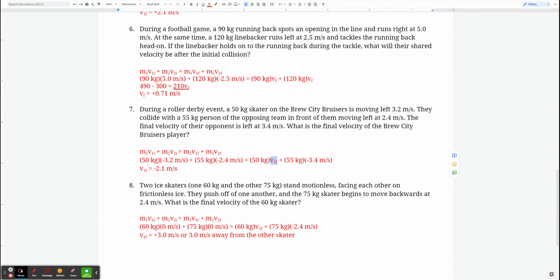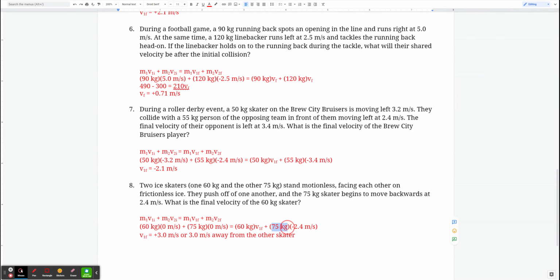And then lastly, the two ice skaters, one 60 kilogram and one 75 kilogram, they stand motionless facing each other on frictionless ice. So that means at the beginning, 60 kilograms not moving, 75 kilograms not moving. It tells us they push off one another, and the 75 kilogram skater moves backwards at 2.4 meters per second.